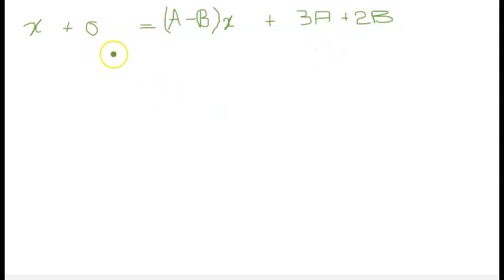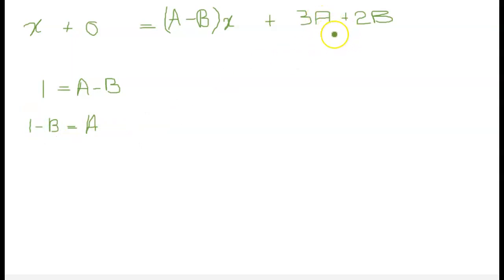Okay, so I'm going to match the coefficient. So for x, there is a 1 there. So the coefficient here is 1. So I can write 1 equals a minus b, which will give me a equals 1 minus b. I got the a.